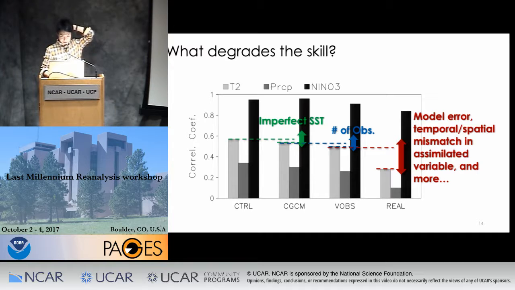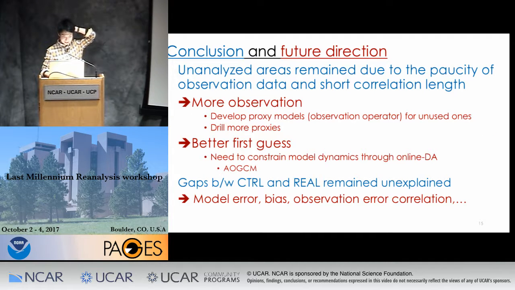So this is the conclusion. Well, as I showed in this figure, gaps between control and real remained unexplained, and that includes model errors and biases and observation error correlation, such kind of things. So in my experimental design, I couldn't explain those errors, so I need to keep working on this.